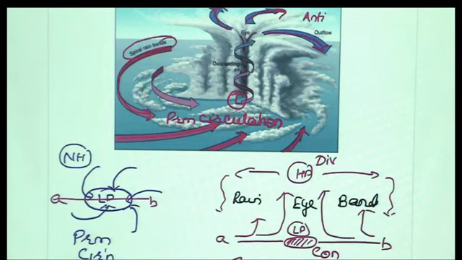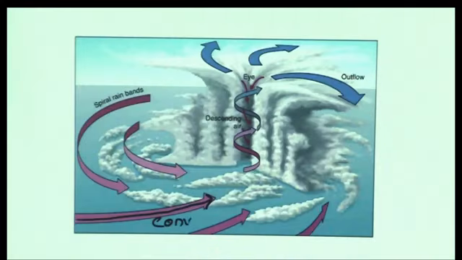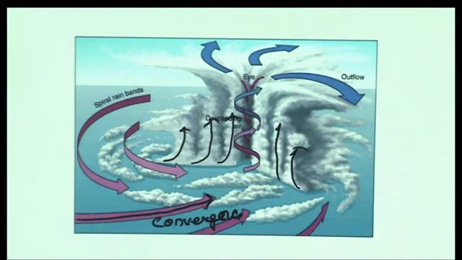Now see the diagram again. Convergence, rising, don't miss to see the cumulonimbus clouds and cumulus clouds that are being drawn here. So what are these?